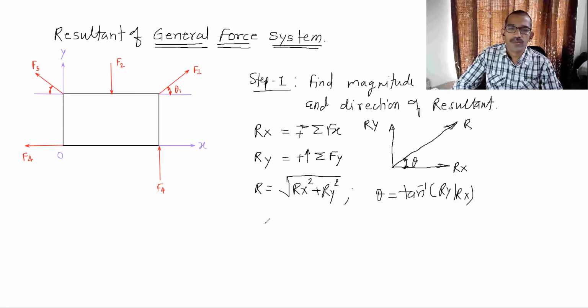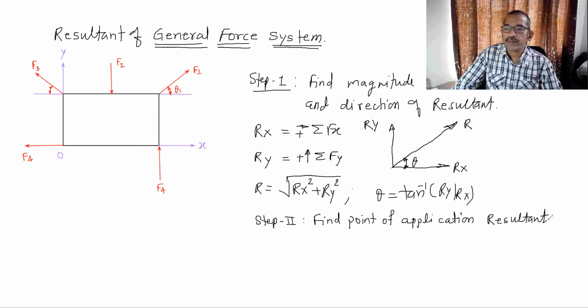Step number 2 is to find the point of application of the resultant. To find it, we apply Varignon's theorem of moments, which we discuss in detail.